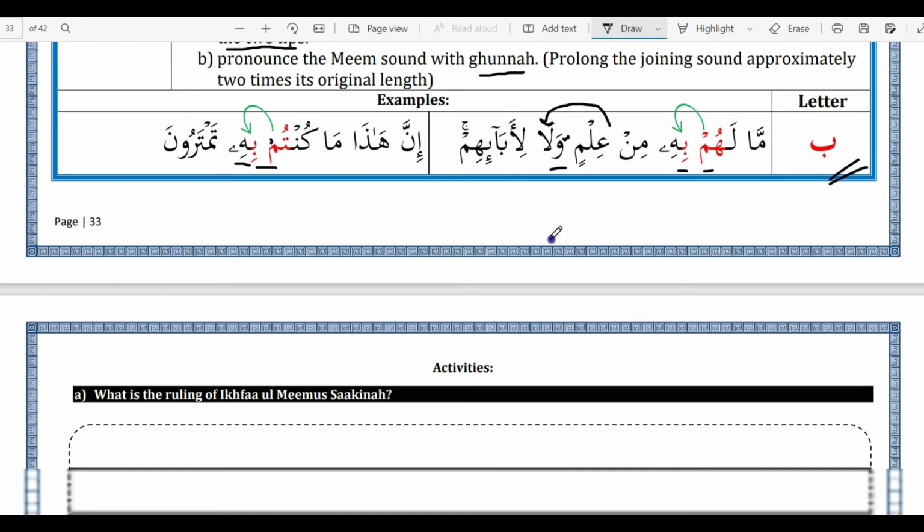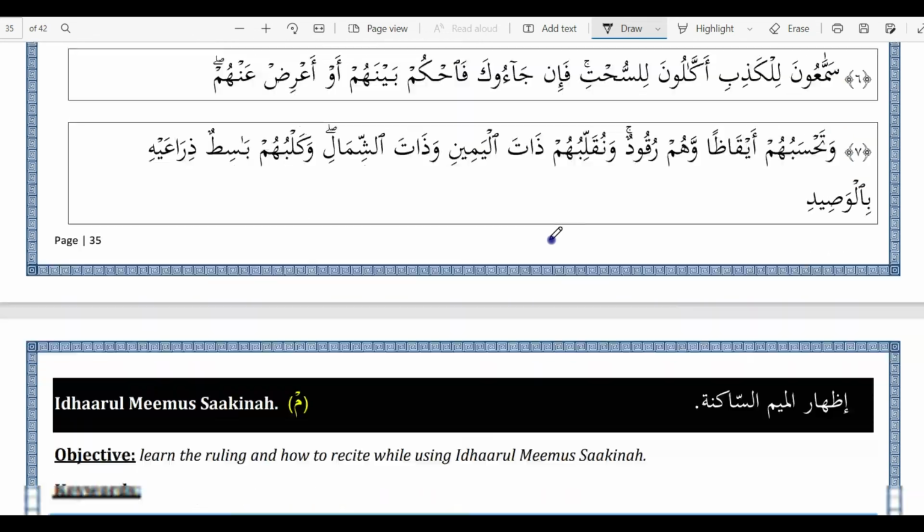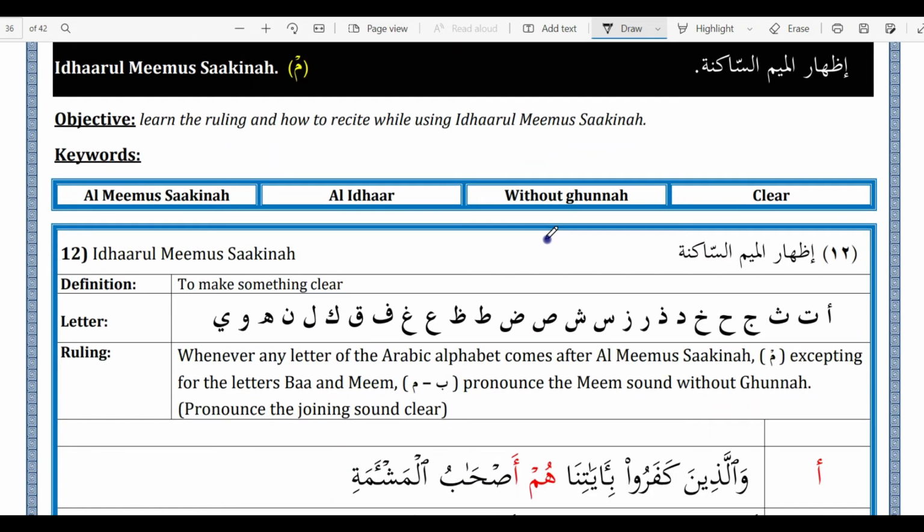The final example, or the final part of Meemus Saakinah, is what we call Izharul Meemus Saakinah. Izhar means to make something clear. So when we're making something clear, we don't have to do any stretching.